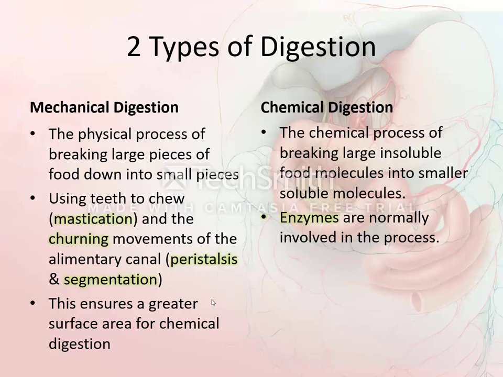So peristalsis is this alternate contraction and relaxation of the muscles to move the food along. Segmentation is moving the food in segments, but it's mixing and churning. So the chemical compounds that have been broken down are now mixing with each other in the digestive system.